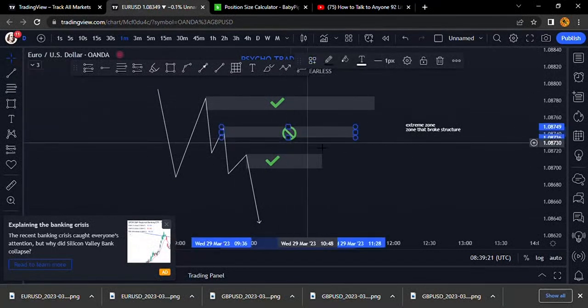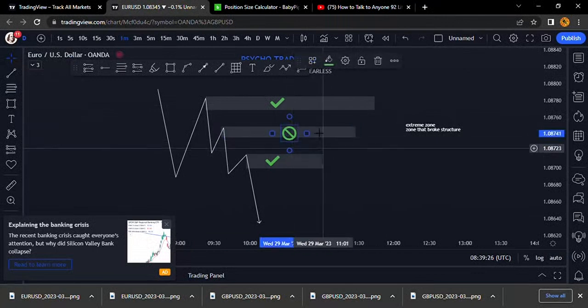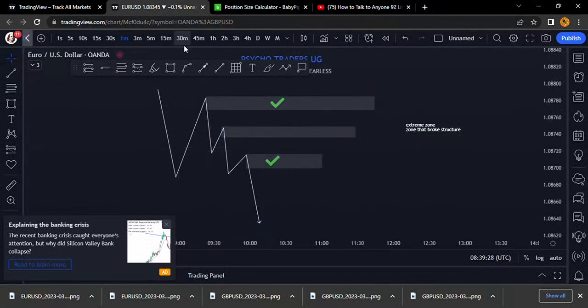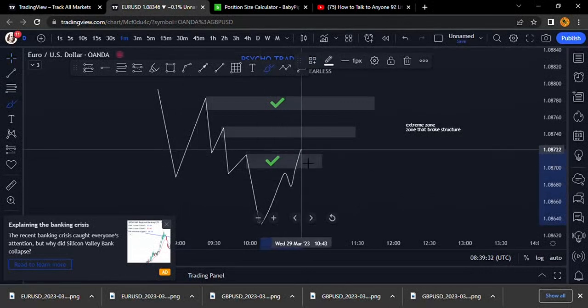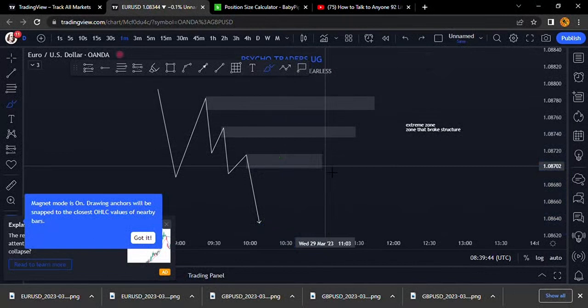So this comes down to confirmation. When price comes back up in such a manner and gives you confirmation at this region, then you can take it low. You get? So these are the zones you have to take, once price has given you confirmation.